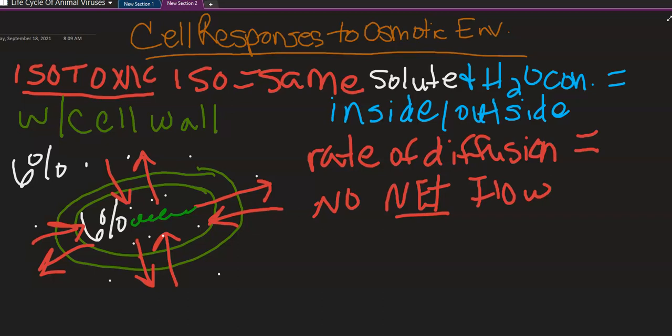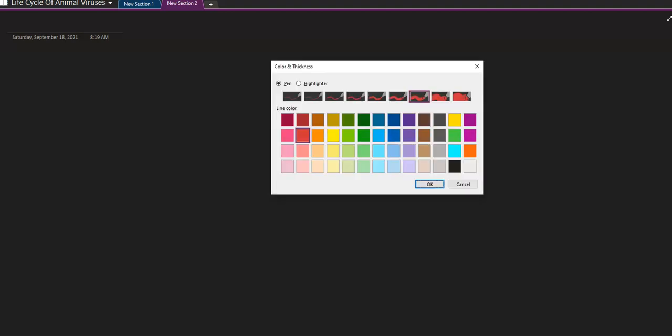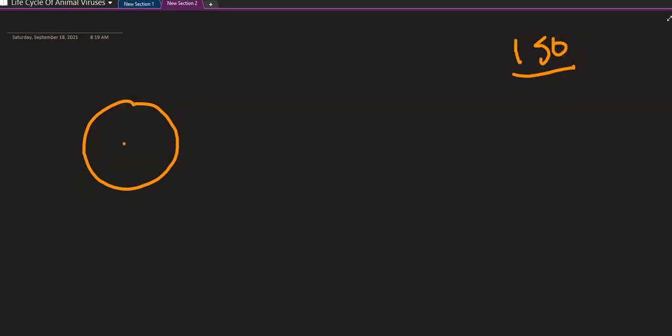All right. Okay, so let's go ahead and draw our other cell. Here's our other cell, and we're still on isotonic here. Here's our nucleus.